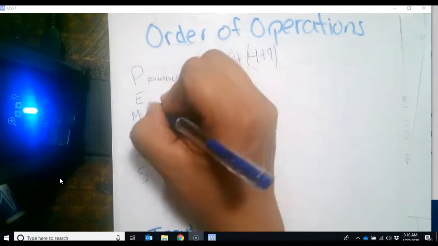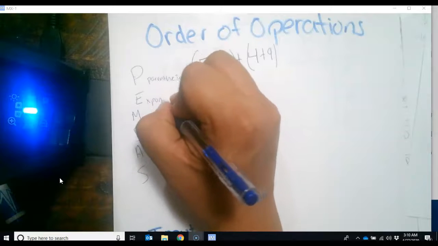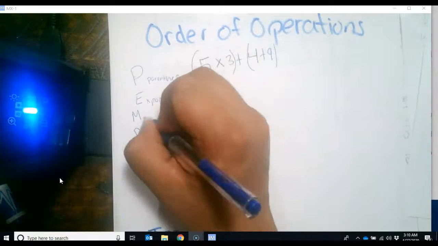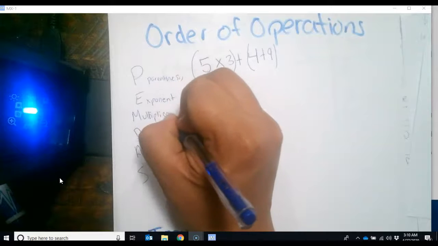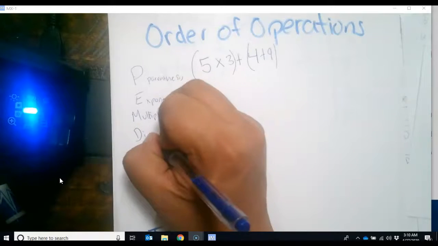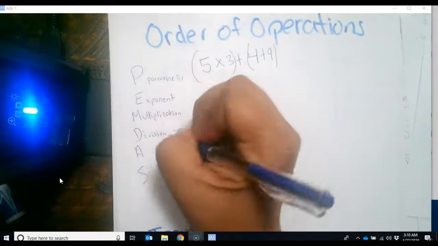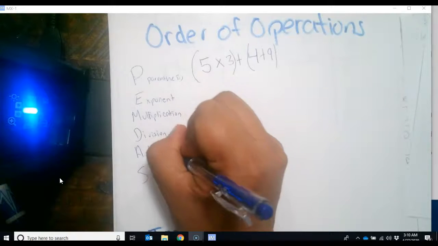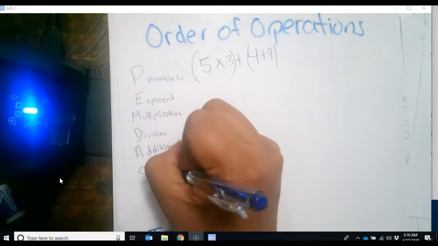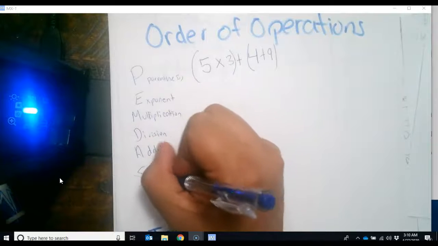The E stands for exponent. The M for multiplication, and it's multiplication and division, whichever comes first. Addition and subtraction, whichever comes first.